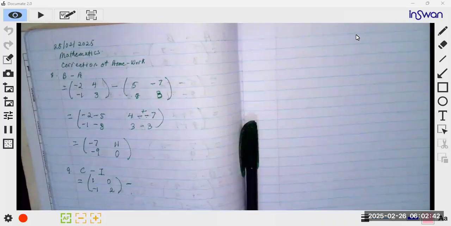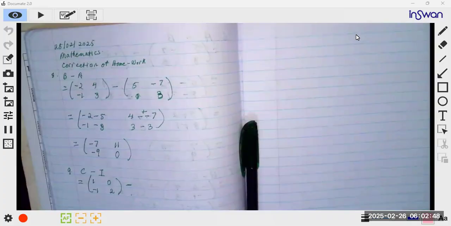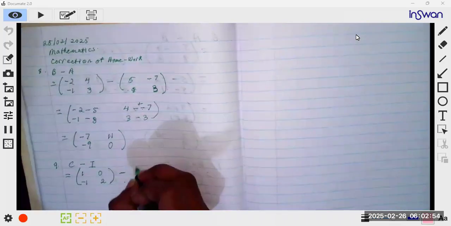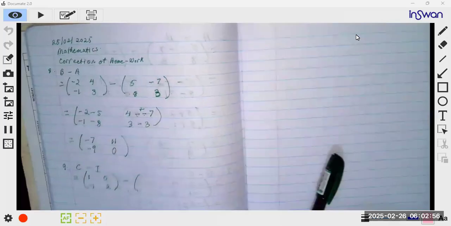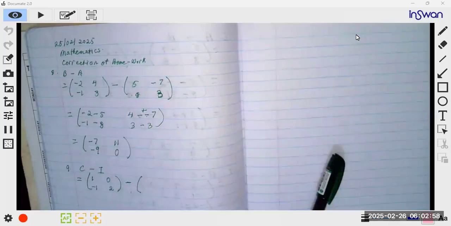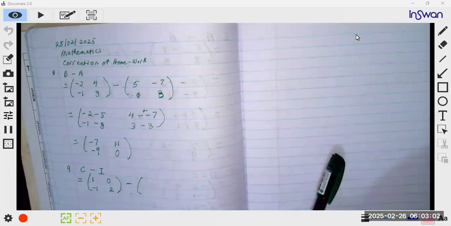I doesn't represent me. I represent the identity or unit matrix, which you all have to remember, and it's good to remember this by heart.